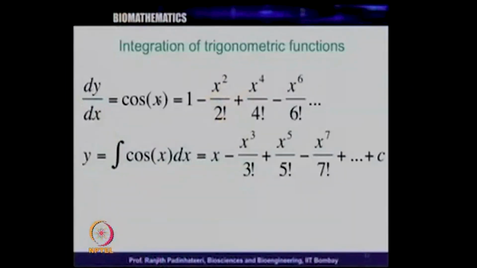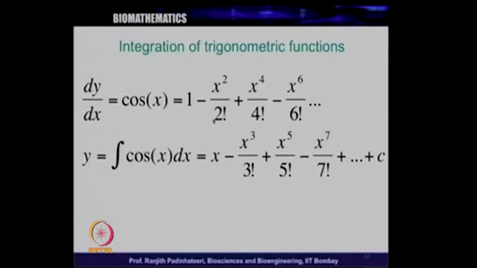So next we will calculate the integral of some trigonometric functions like sine and cos. Let us take this case here. dy by dx is cos x. Cos is a trigonometric function which we know is 1 minus x square by 2 factorial. As you know, this exclamation mark represents factorial. n factorial means 1 into 2 into 3 into up to n.